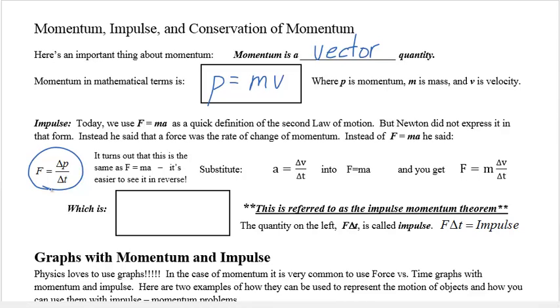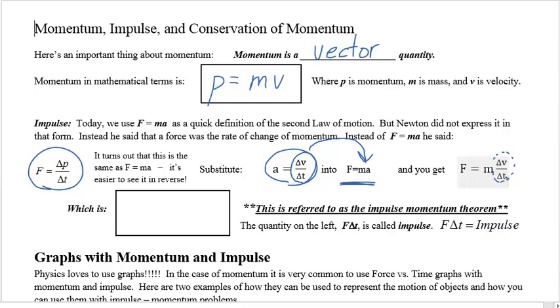We know that a equals the change in velocity over time, and we have Newton's second law, which we're currently using. If you substitute this change in v over t for acceleration, we get our change in v over t here.